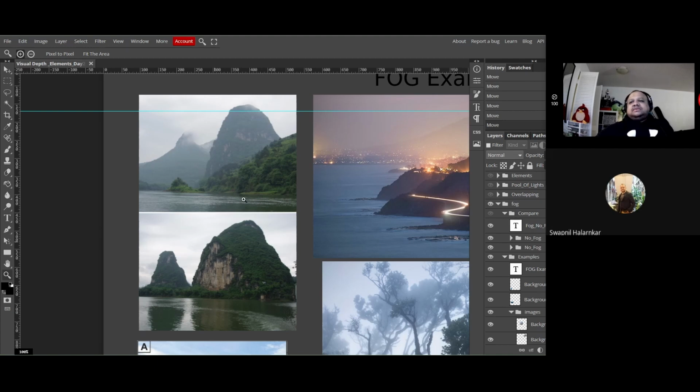So fog is a part of the environment. What happens is that fog is actually water particles in the air, and the overlapping of the water particles one over the other gives you some opacity on top, like a layer of that mist.